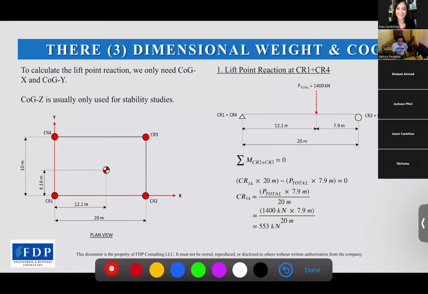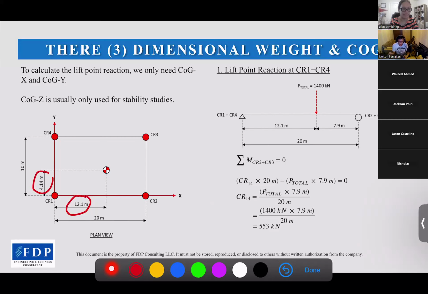So for the lifting point reaction, we can only use the COGX and COGY. This is the COGX that we found previously. COGX is 12.1 meters and COGY is 4.14 meters.